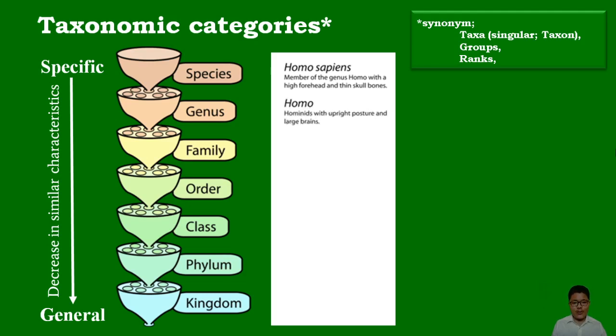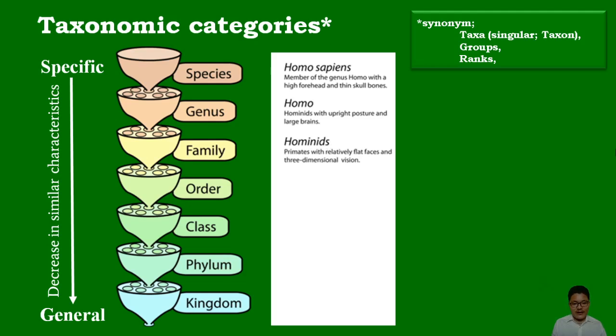Genus is Homo. We usually move upright, and we are intelligent, so our head size is larger, having a bigger cranium inside it. We have a big intelligent brain. And family is hominids.